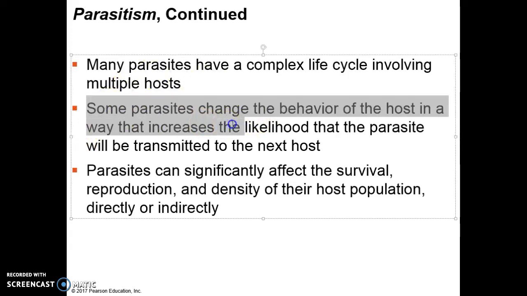There are parasites out there that change the behavior of the host in a way that increases the likelihood that the parasite will be transmitted. I've seen some zombie theory that if a parasite could cause zombieism, it would essentially turn the host into a zombie, and then the zombie would go bite other people, and that would allow the parasite to be spread from host to a new host.